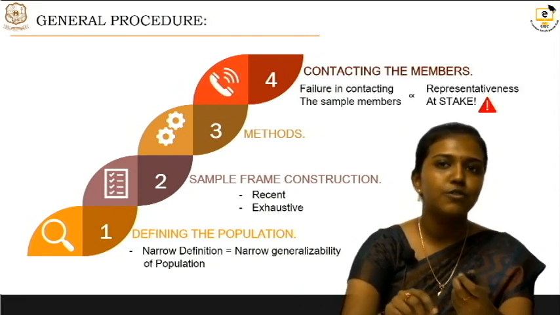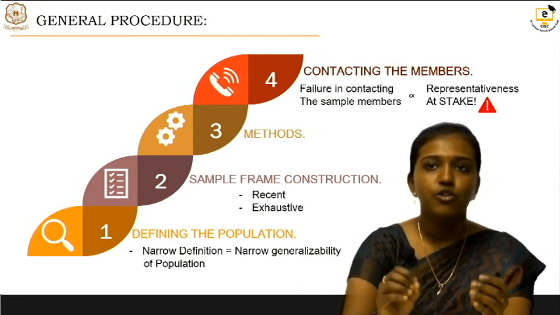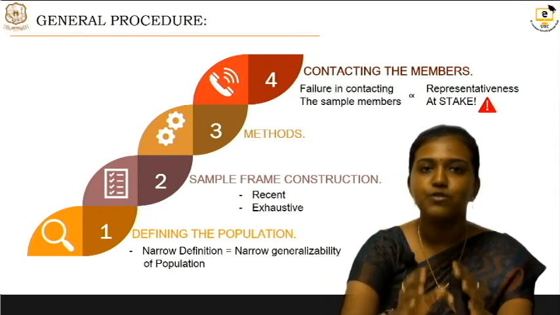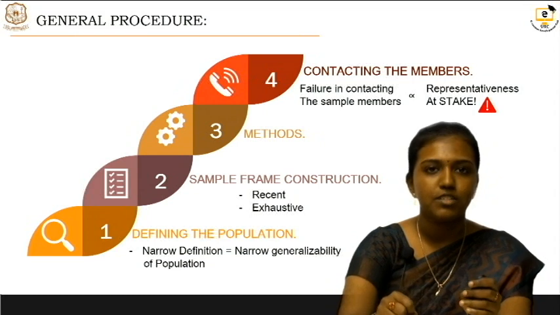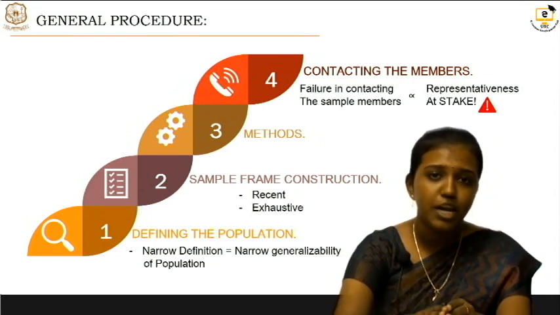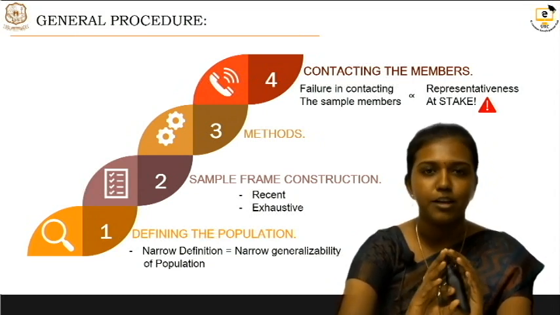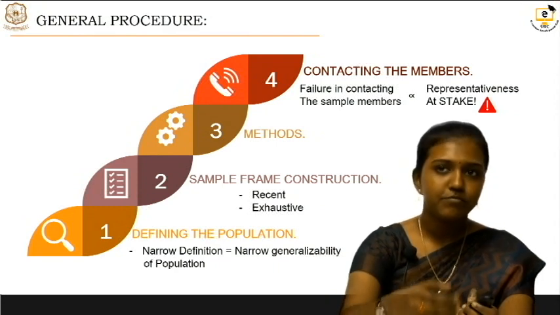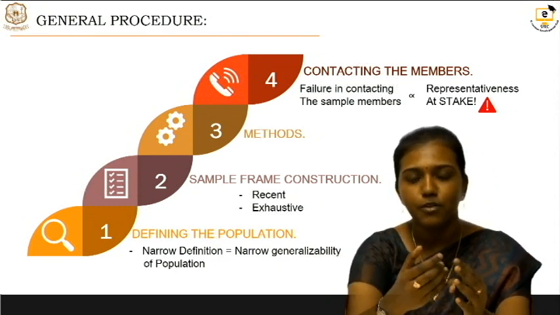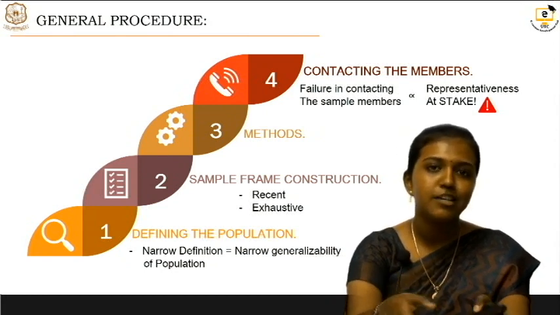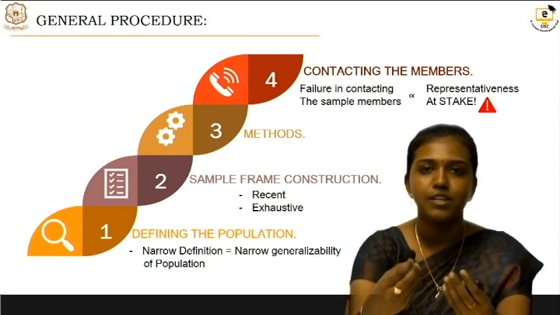So, moving on to procedure number 4, you must contact the members of the sample. You are going to do research on all the members of the sample that you have selected, so you must make sure that everybody is willing to attend your research. But if you fail to contact any one member of your sample, the representativeness of your sample is at stake.